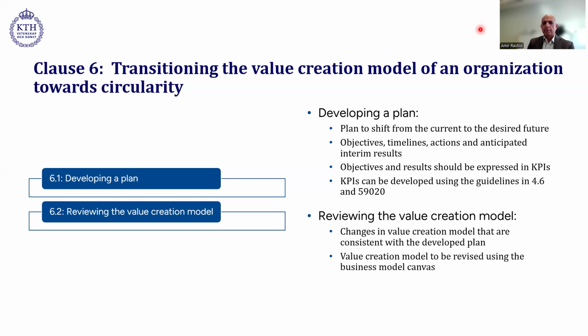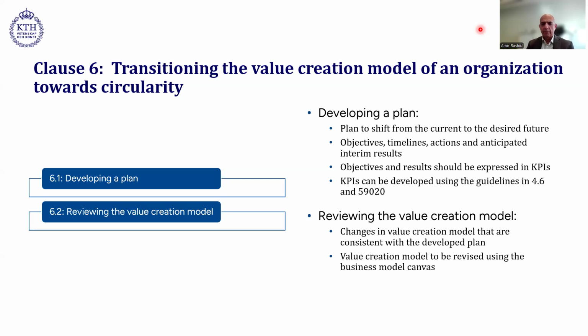Developing a plan is not really anything that is very specific to circularity. It's a standard way of developing a plan, and Shoaib has already explained. The important part here is the KPIs that you identify in your plan.